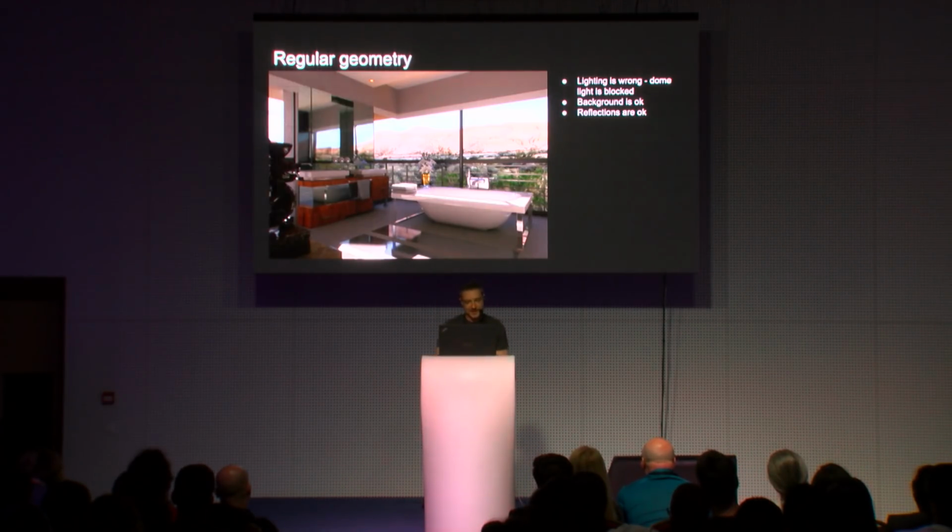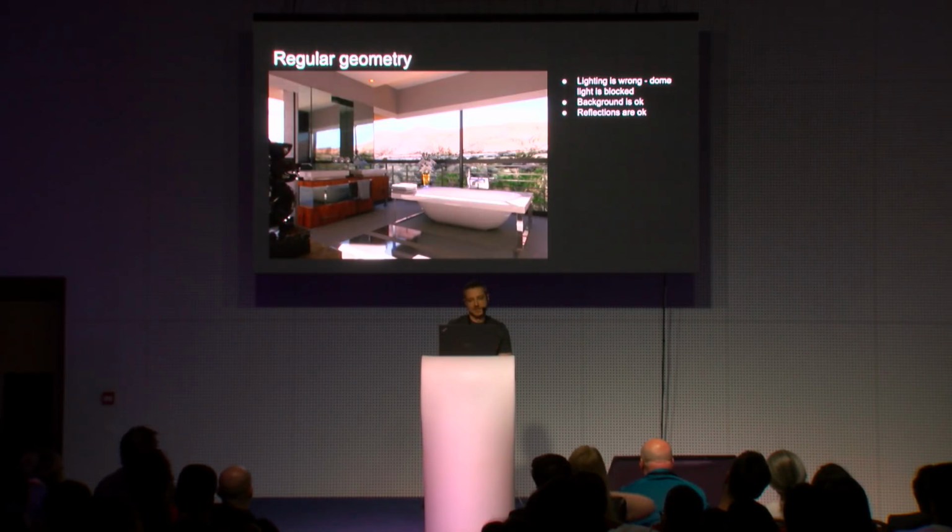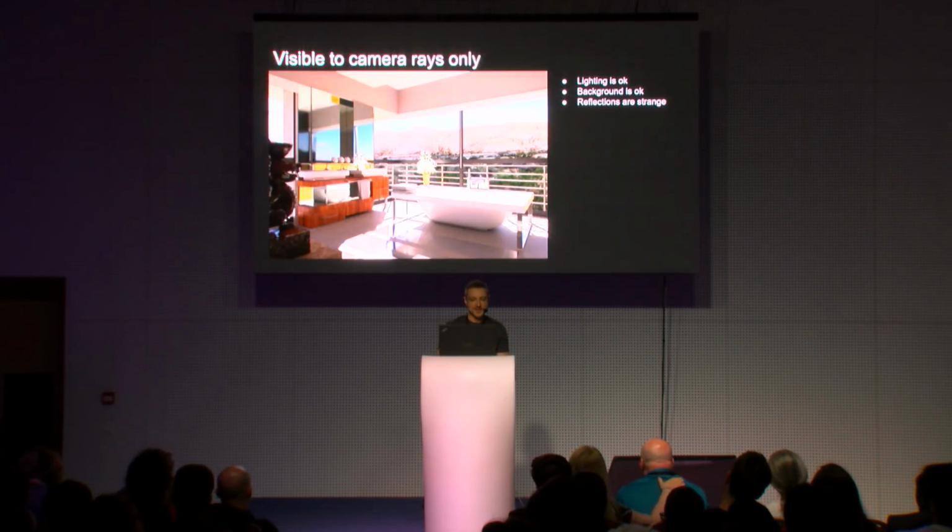But of course, the lighting now is not correct because this object is casting shadows on the rest of the scene and blocking the sunlight. What you could do, obviously, is make this object only visible to camera rays so that you still get the background and the right lighting, but the reflections look weird because they still reflect the original dome light in the HDR.